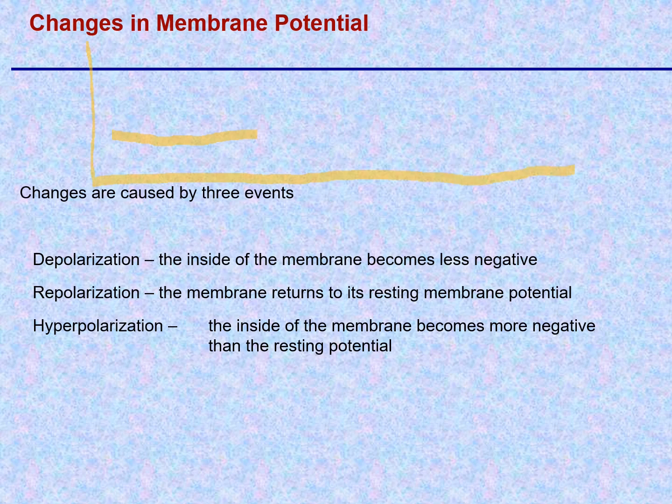So it's at minus 70 millivolts here, and it changes, and let's say that this dotted line is the threshold, and if it passes the threshold, then you generate an action potential. Anything that deflects upwards towards a more positive charge, remember up here it's positive, anything that deflects upwards is a depolarization. So this is indicating a depolarization.